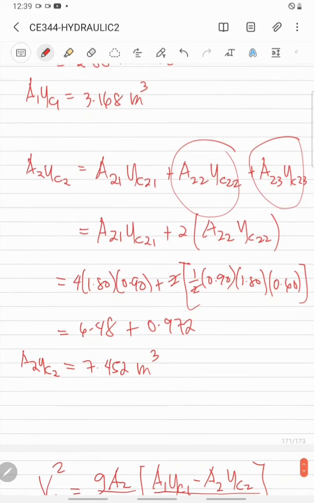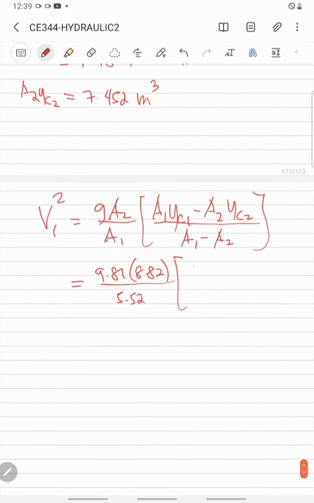And area 1 YC1, that is 3.168, minus area 2 YC2, that is 7.452, all over divided by A1, which is 5.52, minus area 2, which is 8.82.